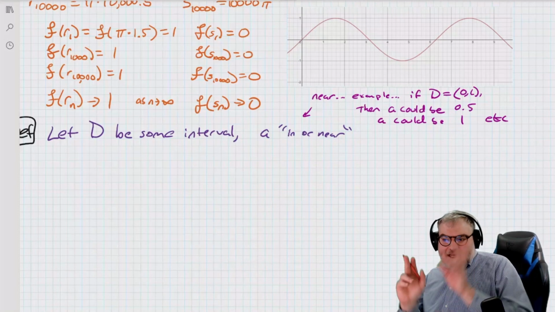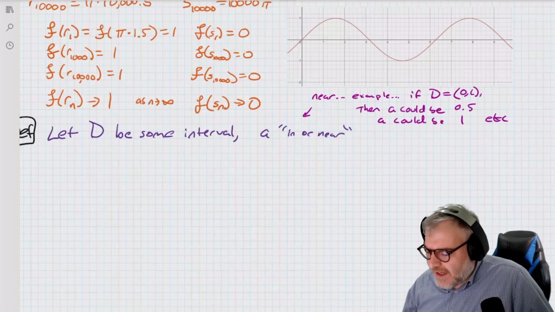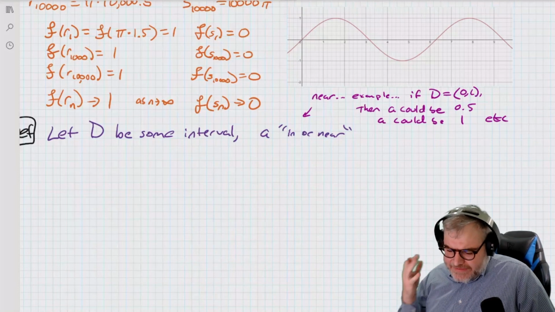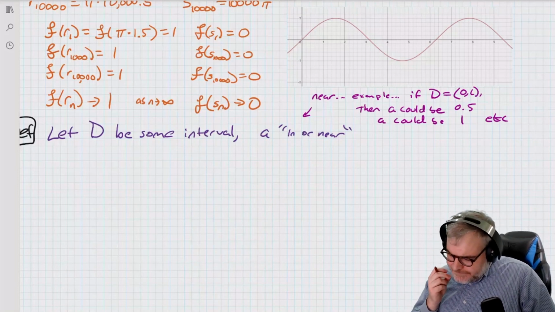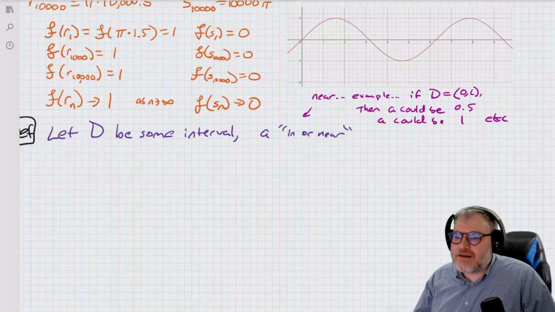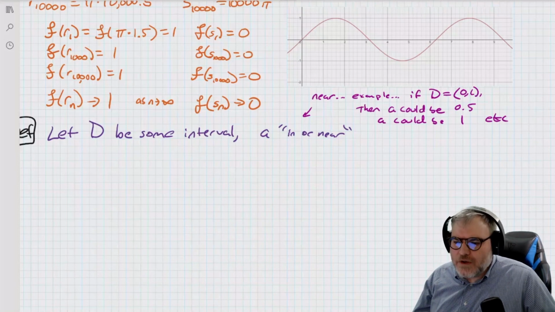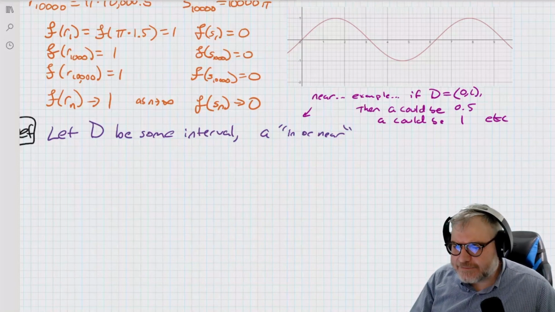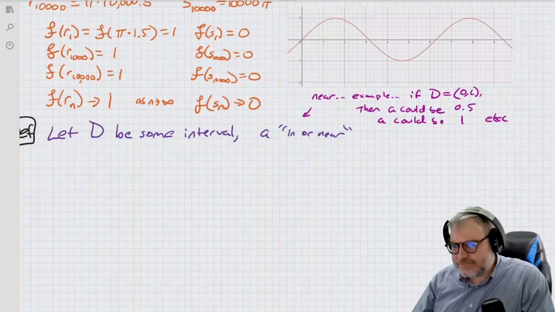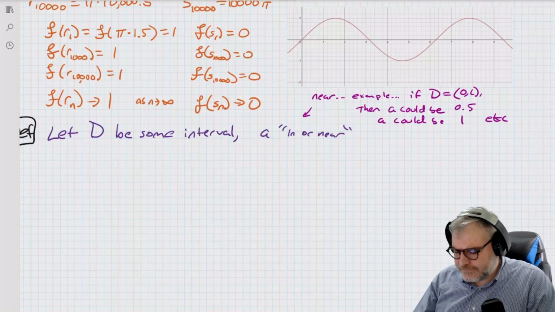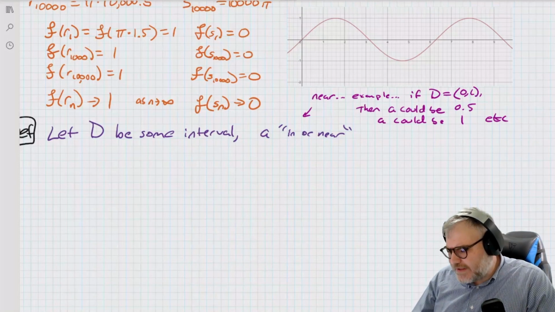So it's defined near the thing, or it could be in it. And I actually don't need D to be some interval.